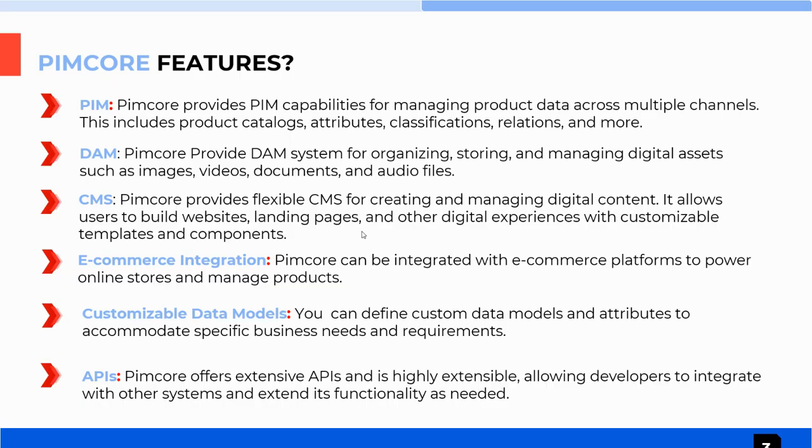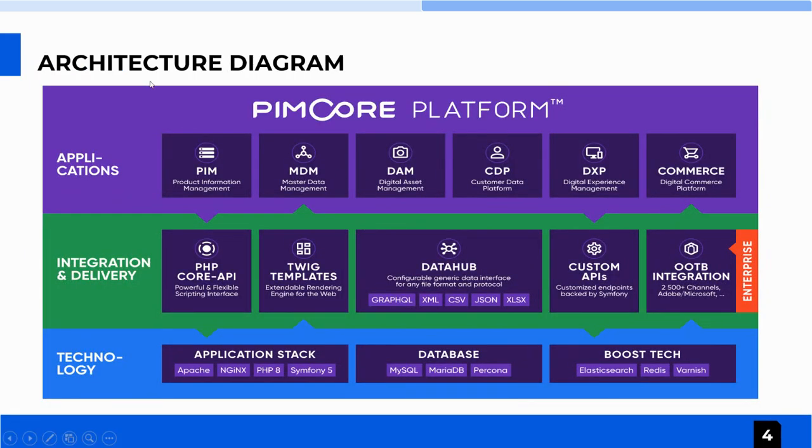Now API related things. Pimcore's extension API is highly accessible and allows developers to integrate other APIs. Suppose you have created a product data set, you can send it with an API, a REST API, with the functionality needed. This is the architecture diagram of Pimcore.